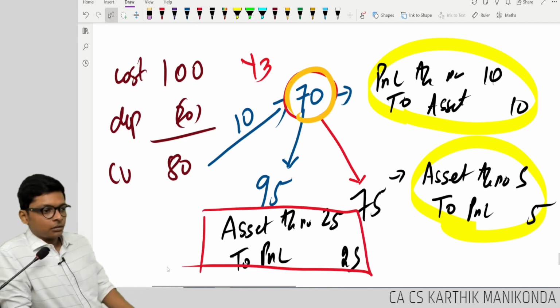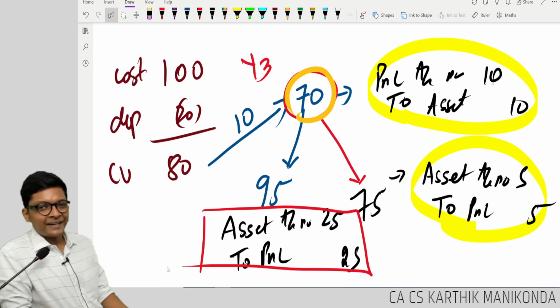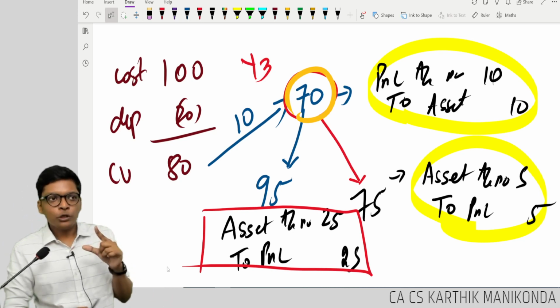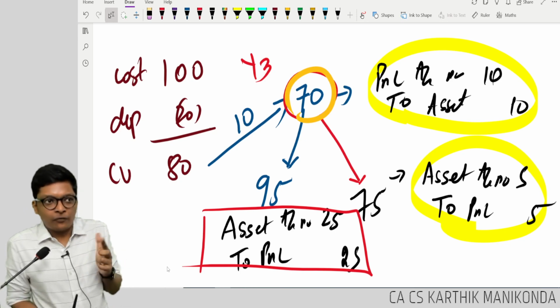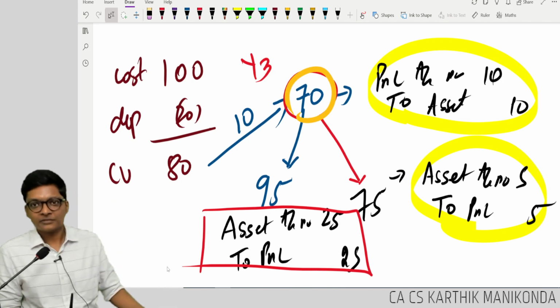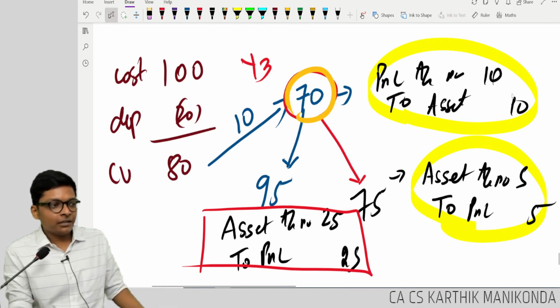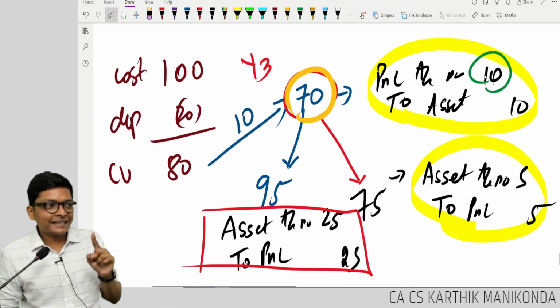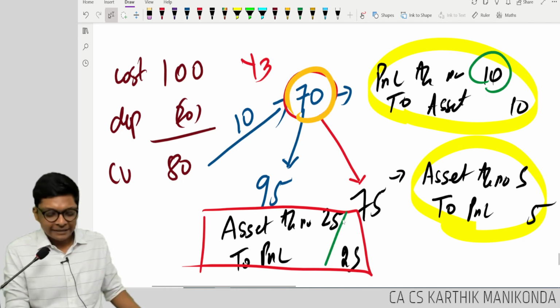Everybody understanding? But do you find a problem in this? See, when I use the word reversal of loss, it should be reversal of loss incurred. What was my loss incurred earlier? That means I can reverse only up to 10. Correct?